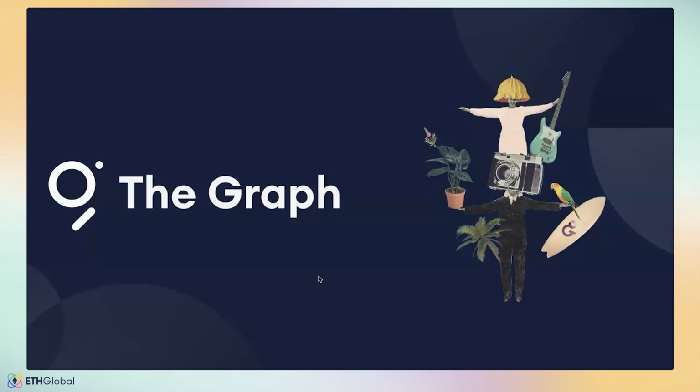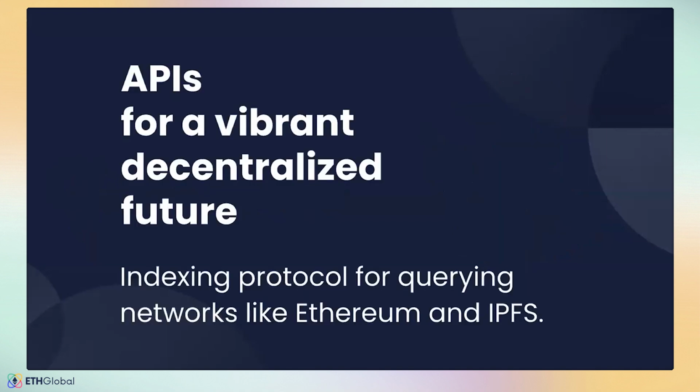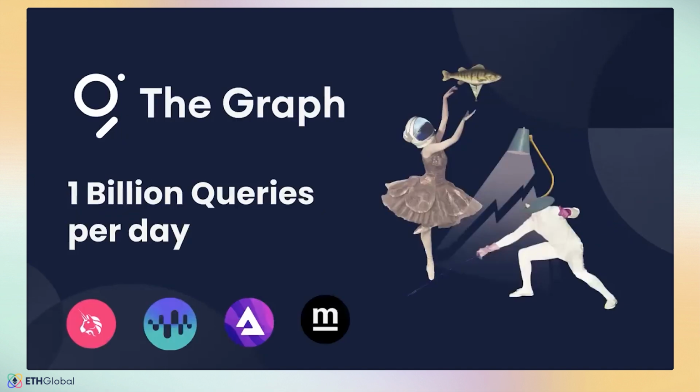So for one, to get the historical data, but for two, also to have very good access to the data. On the website, you probably know, it's an indexing protocol for querying networks like Ethereum and IPFS. There's also support for Arweave, Near, Cosmos, and others. So in the end, The Graph will index all blockchains. More to come soon.